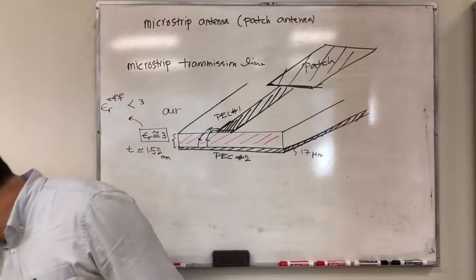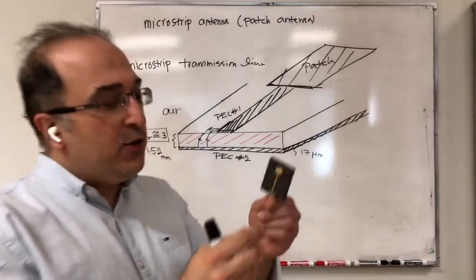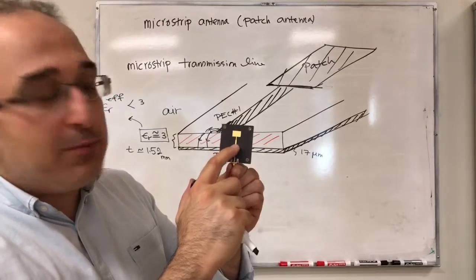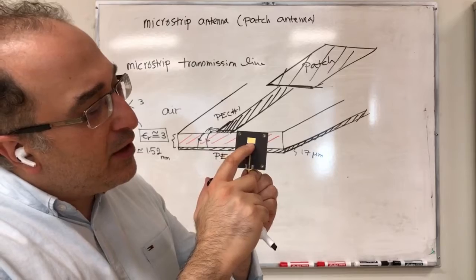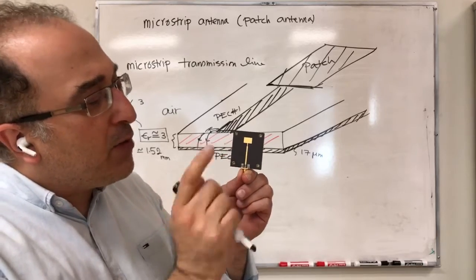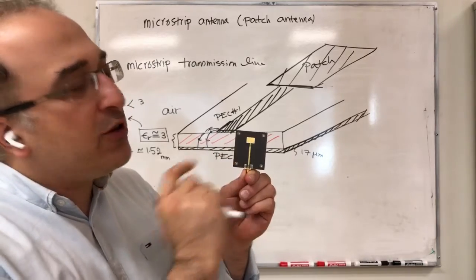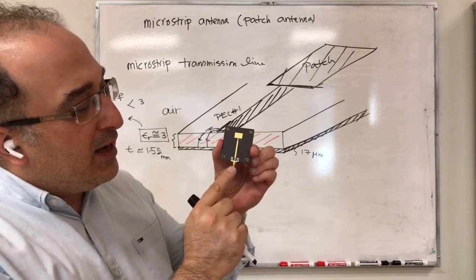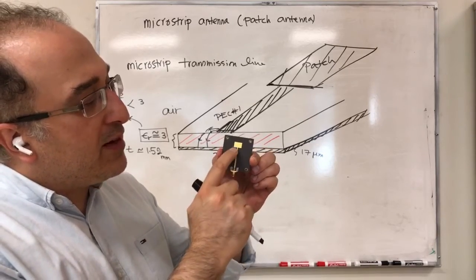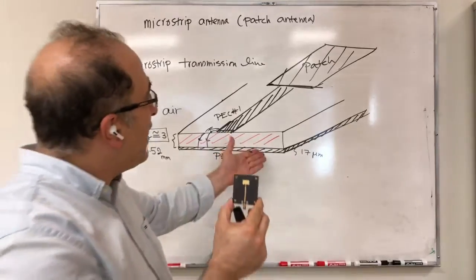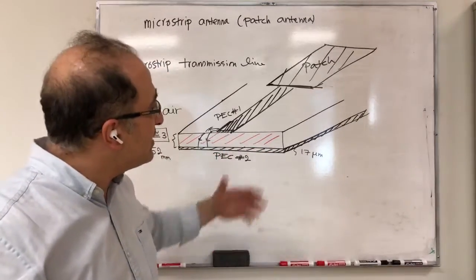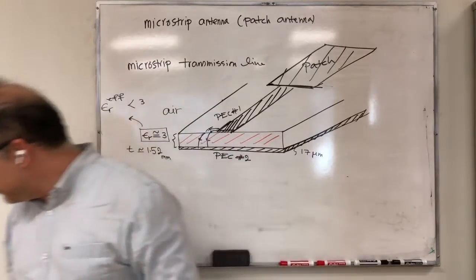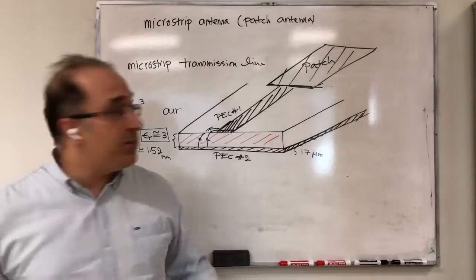So if you look at this, you see the similar structure. This is the transmission line that brings the energy. There is another thing between, which I'm going to talk about later on, and then it goes to the antenna. So you give the energy from this point, and then it goes to the transmission line and here, and in the back you have a ground plane where the electric field lines are going to be closing.